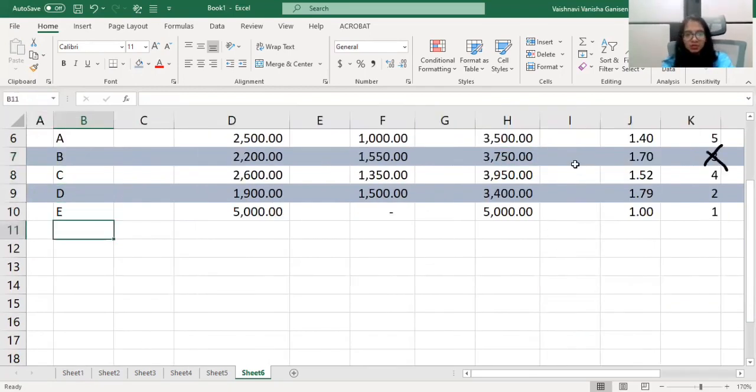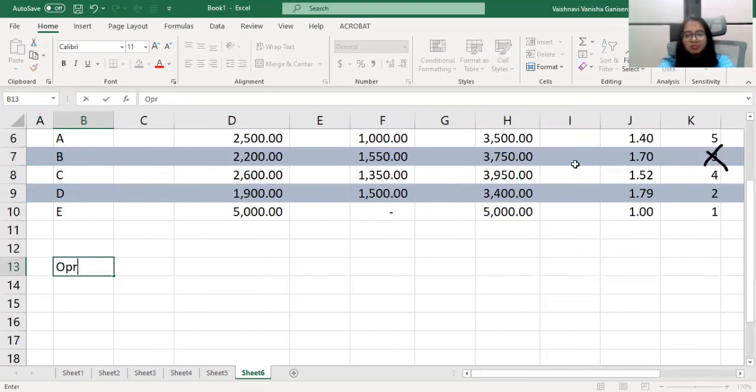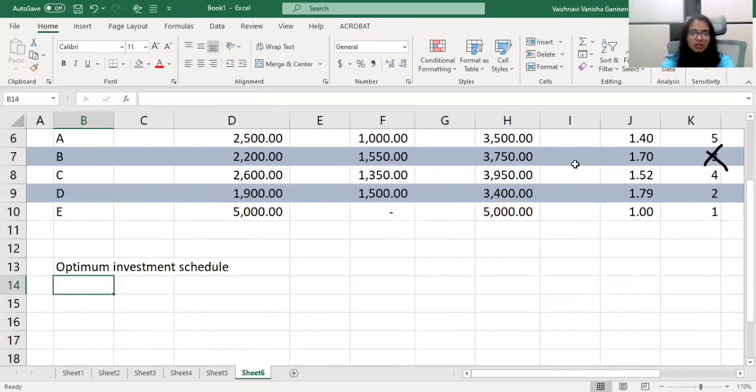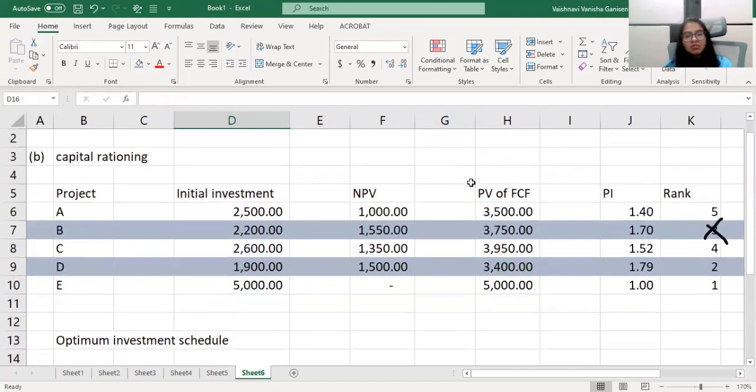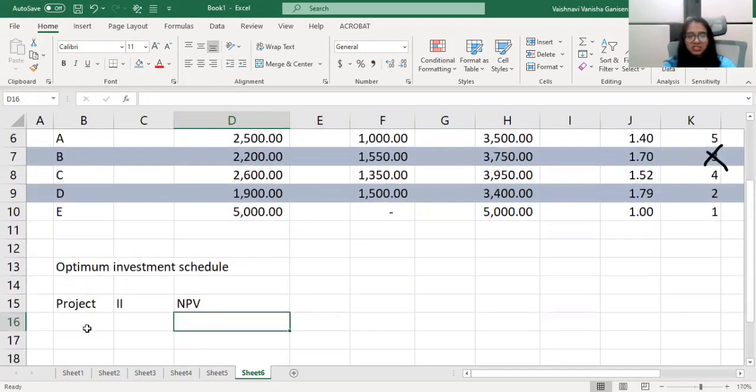All right, now, to find my optimum investment schedule, I do project, initial investment, and I do my NPV. Okay, so guys, remember the amount of capital that is restricted is 10 million. So whatever I do, I cannot take on projects totaling more than 10 million.